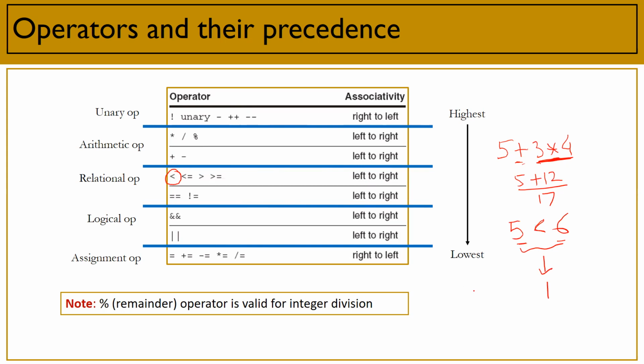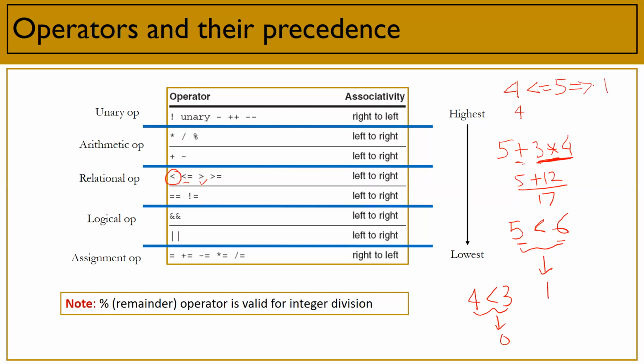But if I write 4 is smaller than 3, which is false, this will return 0. So we have smaller than, greater than, and also smaller than or equal to. If I write 4 is smaller than or equal to 5, which is true because 4 is smaller than 5.